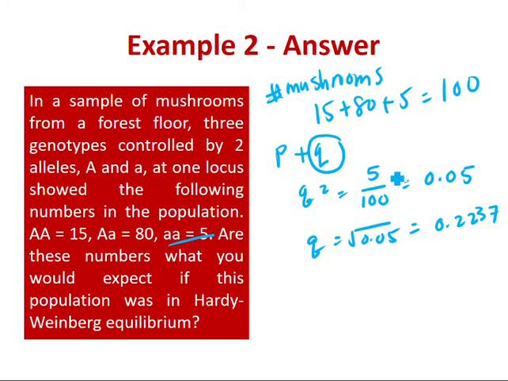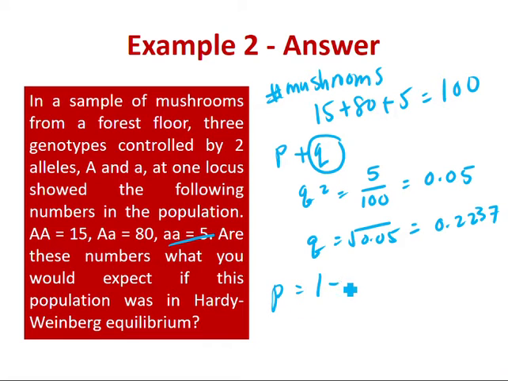So Q squared is 5 over 100, which is 0.05. This will give you Q, the square root of 0.05, which gives you 0.2237. Now, what is P?